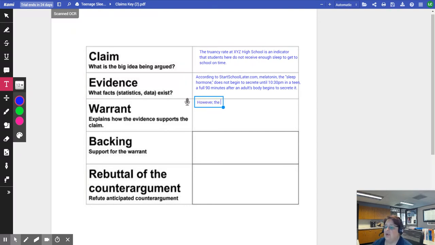However, the process of sleep still takes the same amount of time, if not more, because that's where the 10 hours comes in.